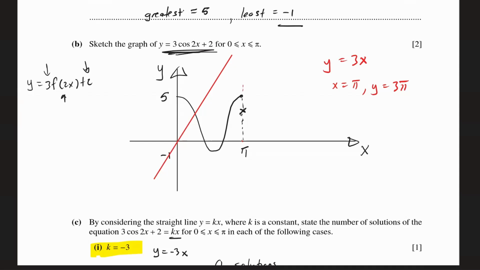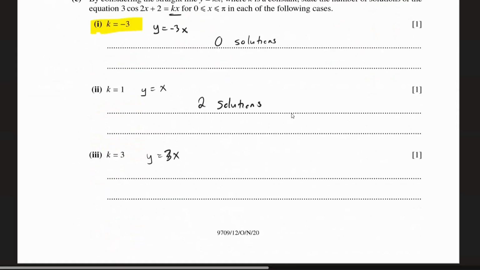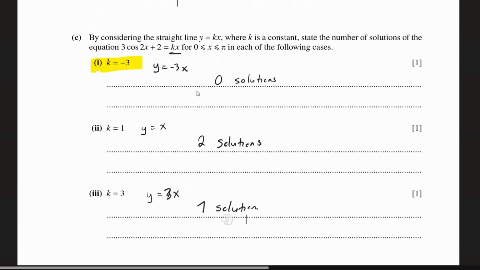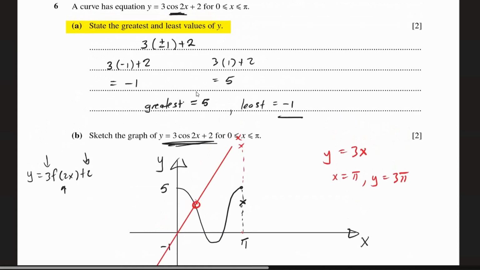So pi and something greater than 9 would meet somewhere up there. So basically it intercepts once. So I would say here they'll only have one solution. So that's essentially how we would answer this particular question.